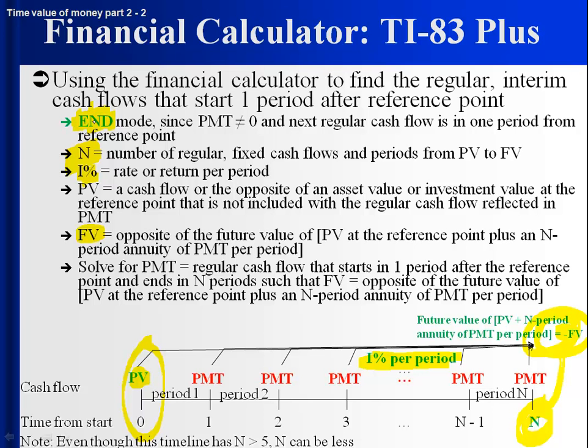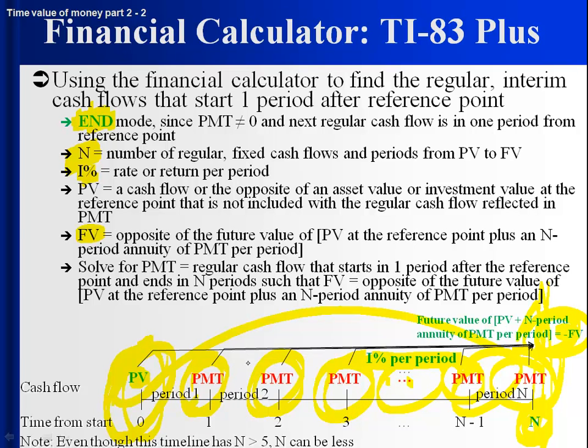And since it's end mode, you know it starts in 1 year, you solve for payment and it says this is how much we need to put away each period for N periods, such that given if we have anything to start with or extra, these at this point in time will all compound and aggregate to our target, which is the FV that we gave it.